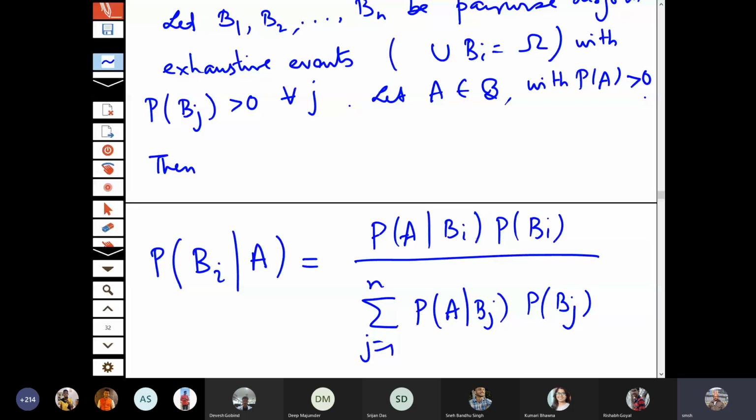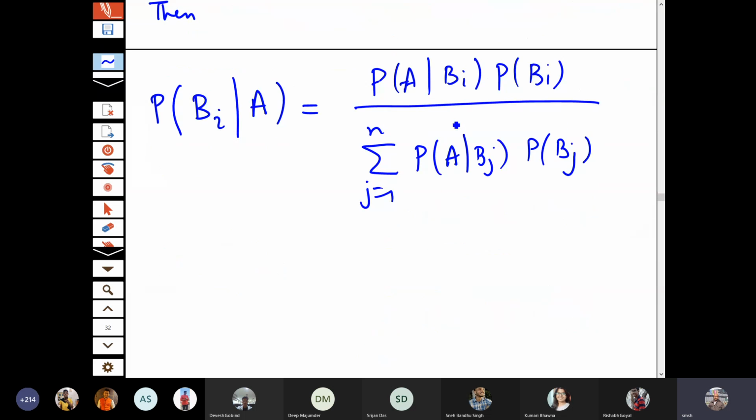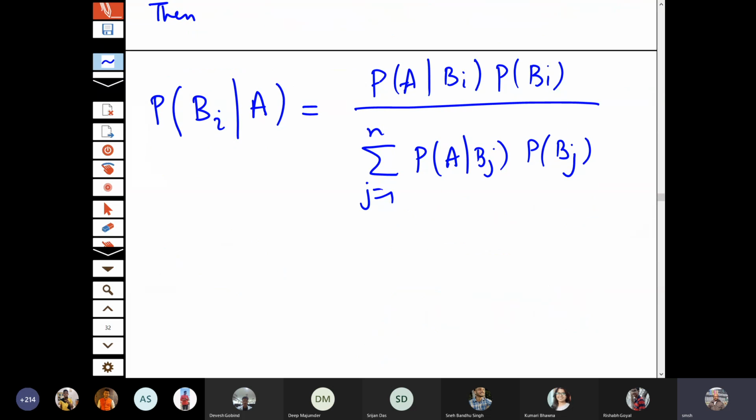That means something which has happened earlier, now I am trying to look at the probability. Because somebody may say that the probability that it was supplied by the first one is 0.4, isn't it? Because probability of B1 is 0.4. But if it is defective, then is it the same probability? So the answer is no, as you can see when we calculate it.